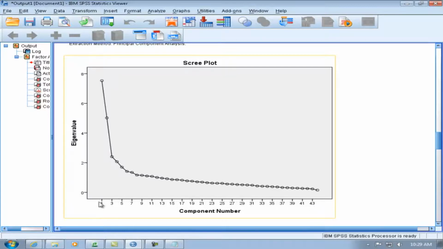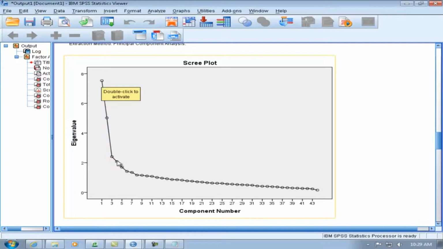Now, here's the eigenvalue. We can see here that factor 1 has the greatest loading, do you see? And then we've got factor 2, factor 3, component. I'm sorry, component. And here the eigenvalue of 1.5 would be probably someplace right here.